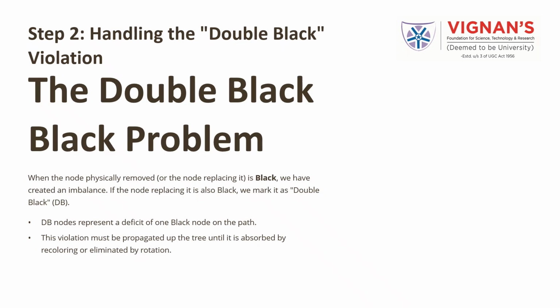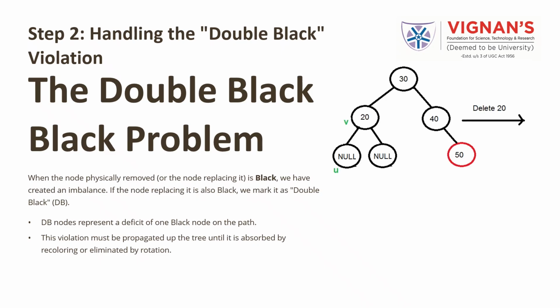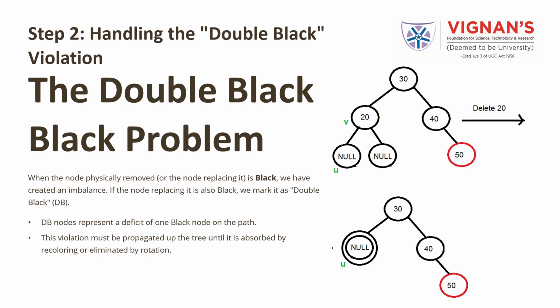Looking at the example shown, when node 20 is deleted, it is replaced by a null node, which is also black, because a black node is removed and replaced by a black null node. The null node becomes double black. This double black condition causes an imbalance, because the number of black nodes on this path is now reduced by 1.